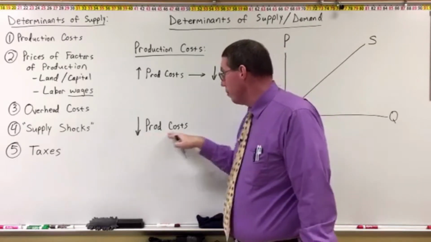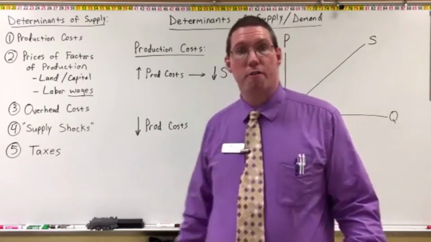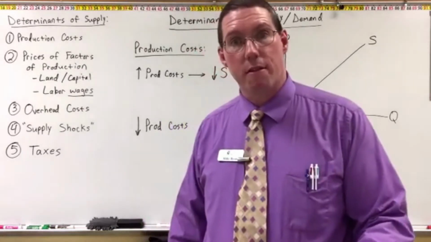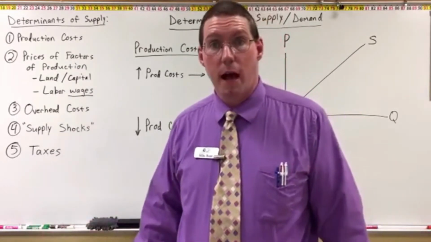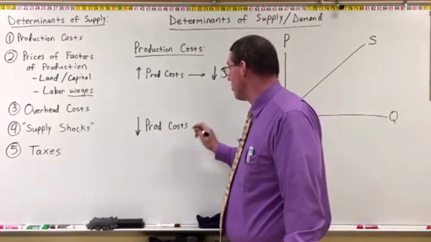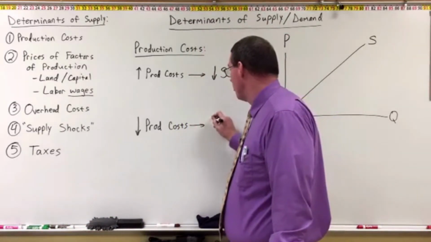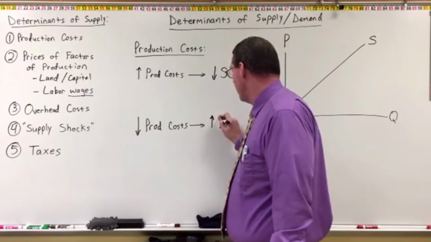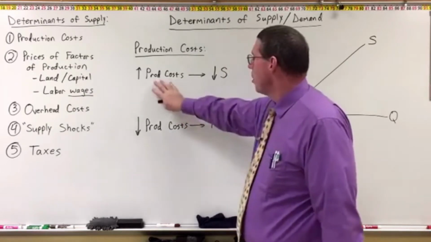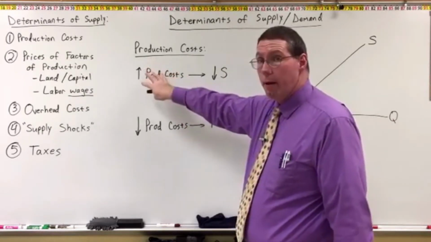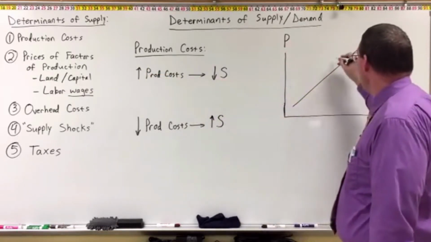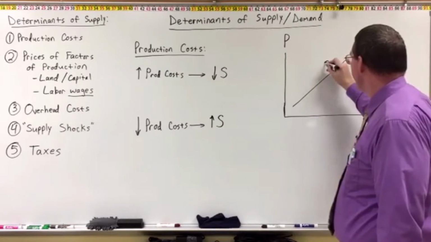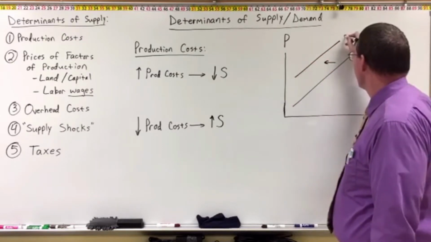On the other hand, if your production costs go down, if the cost of producing a unit goes down to 50 cents a piece, now you can produce 20,000 of them because you have $10,000. And therefore, a decrease in production costs will result in an increase in supply. So when production costs go up, the result is a decrease in supply and a leftward shift of the supply curve.